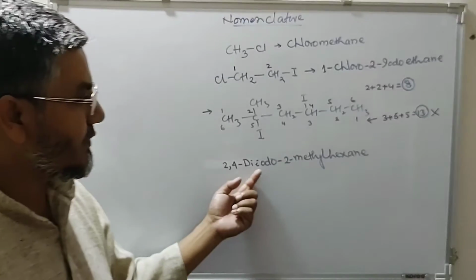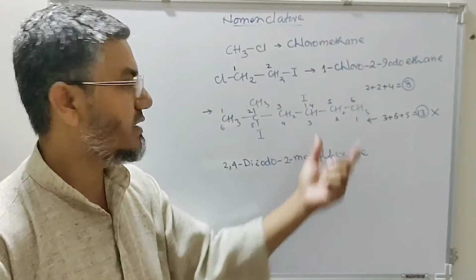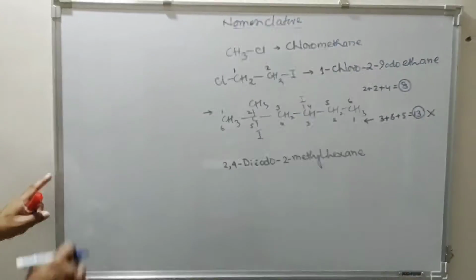So 2,4-diiodo-2-methylhexane is the name of this compound.